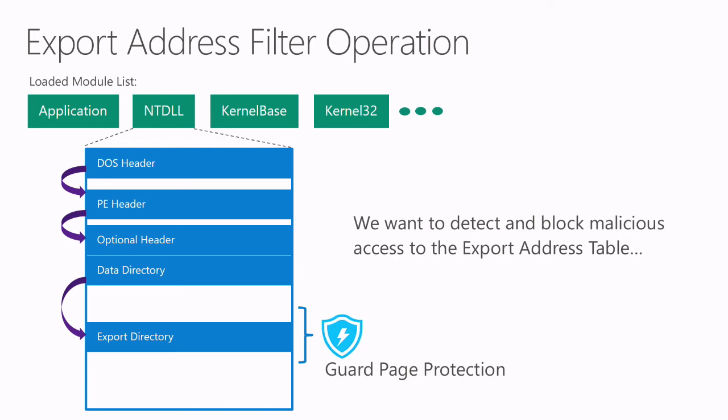So a guard page protection, in case you may not know exactly what that is, is an existing protection that the memory manager in Windows supports. It basically allows you to say, if anybody touches this part of memory, trigger an event, and we have a vectored exception handler which will actually be invoked at that point. And we can then see who is trying to touch that memory. We can inspect who it is.